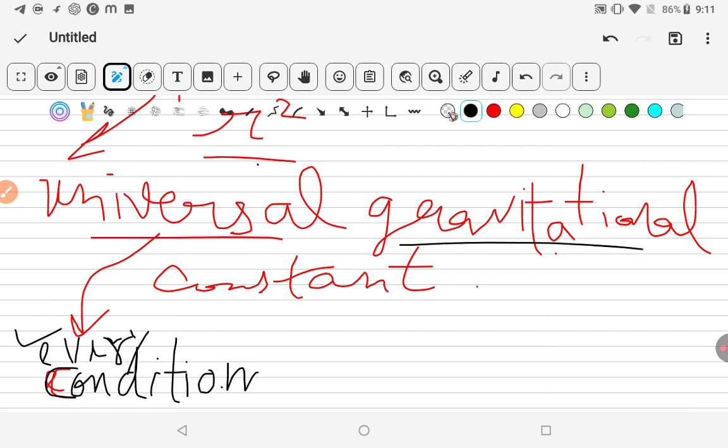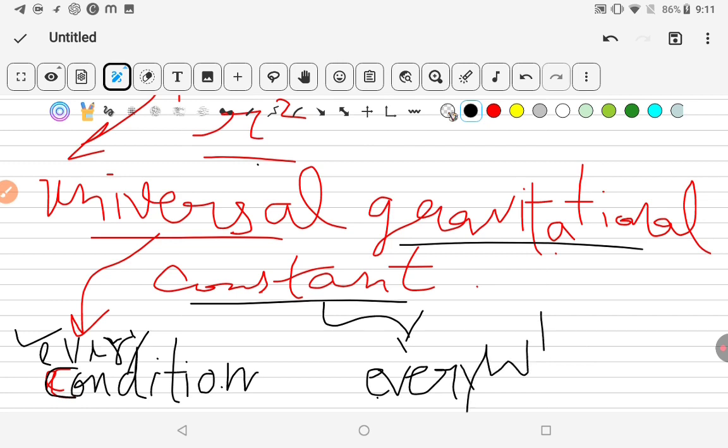Gravitational is something related to gravity, and constant here means the value of G will remain the same everywhere. So these are the key points: every condition and everywhere.